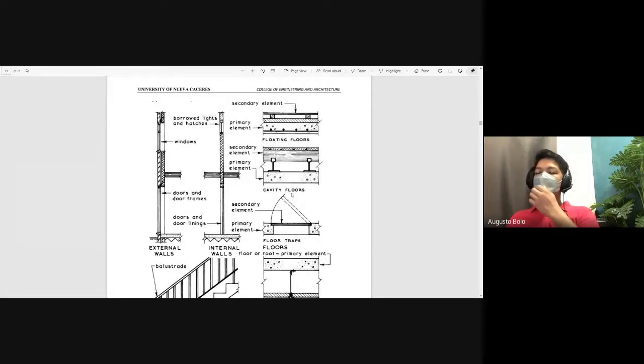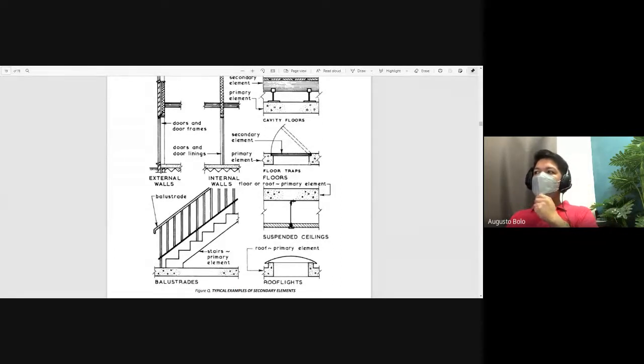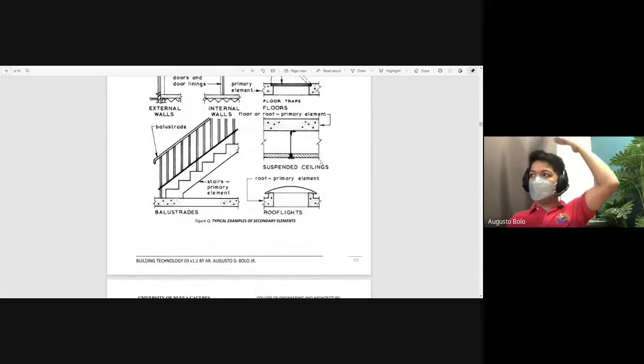Kung ano yung explanation on cavity flooring, pag nagpatong ka on your second floor slab, pag nagpatong ka ng ibang klase, ng ibang flooring type, like floors or wood, it becomes different. The same with suspended ceiling. Hindi siya sagad or naka-fix on your roof slab.